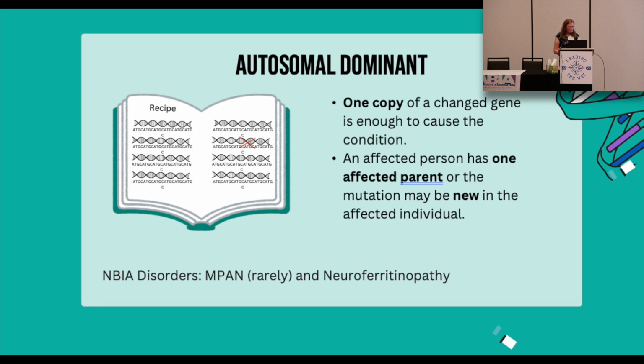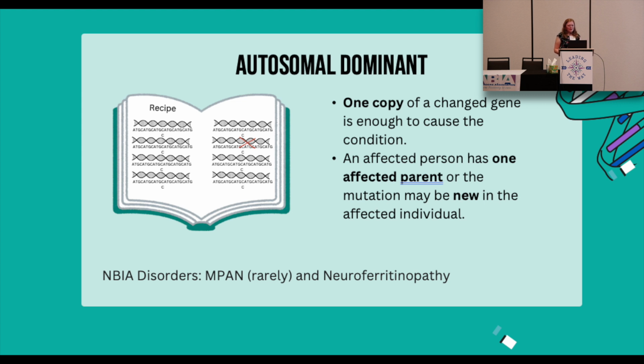Autosomal dominant is less common in the NBIA disorders, but it's when there is a condition where if you only have one copy of the gene not working, it still causes disease. You need both copies to be working. You need both sets of recipes in order for the body to function the way it needs to.